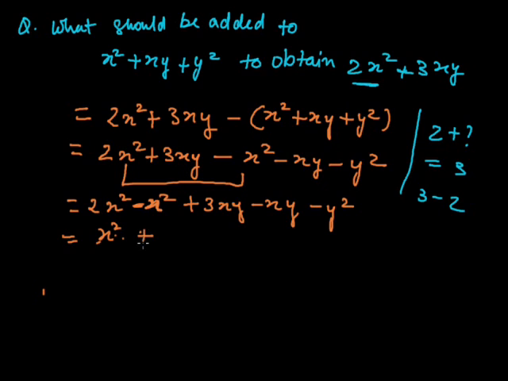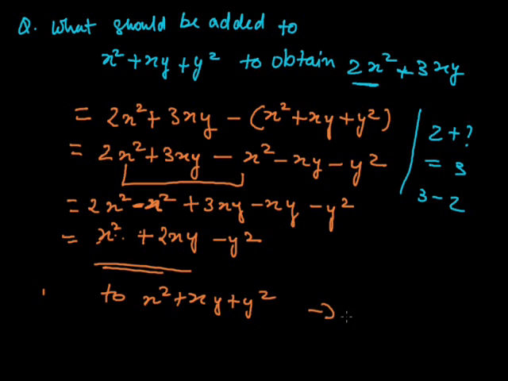This means plus 2xy, since 3 minus 1 is 2, and y square is written as it is. So this is the algebraic expression which should be added to x square plus xy plus y square to get 2x square plus 3xy.